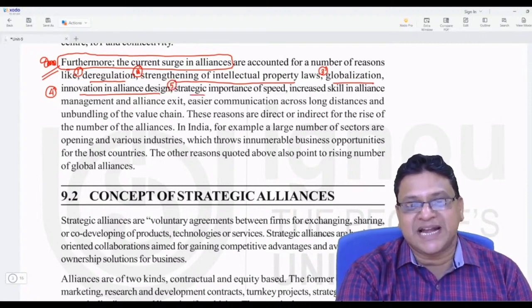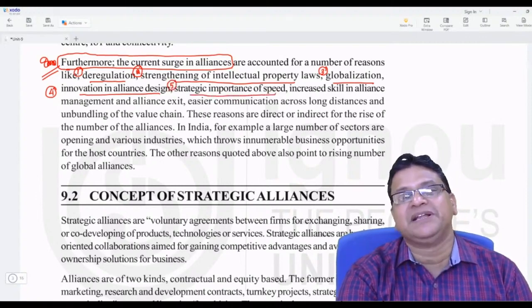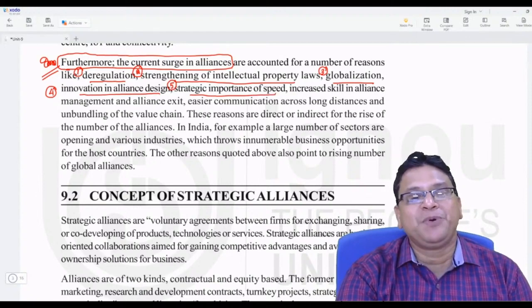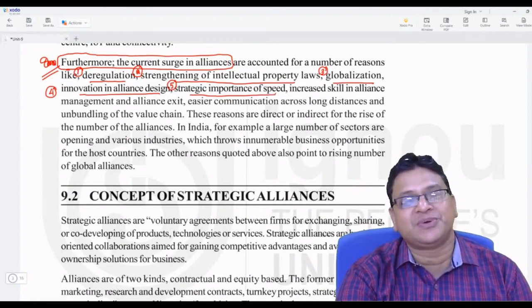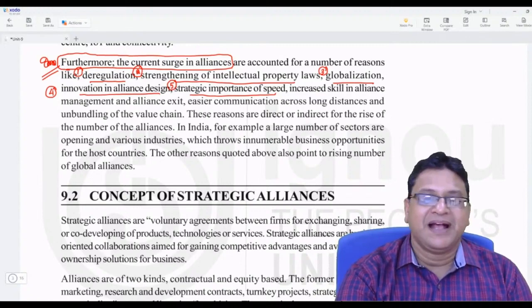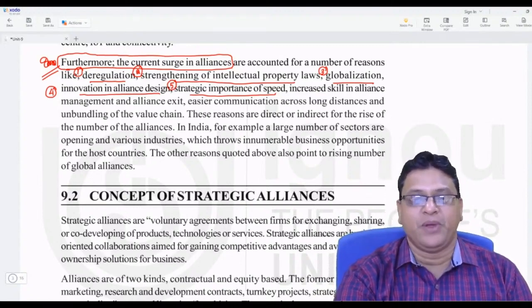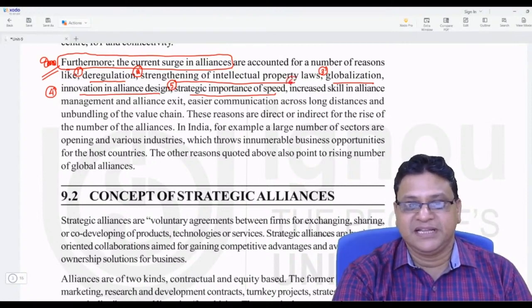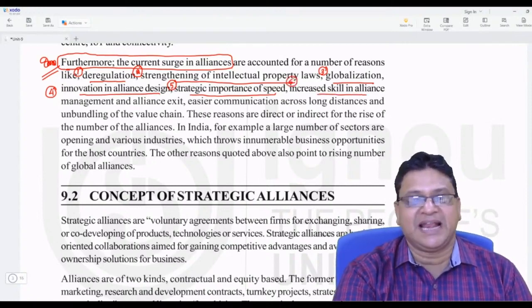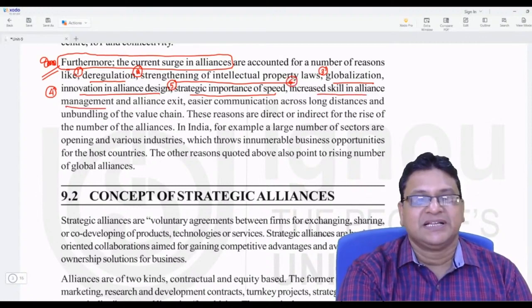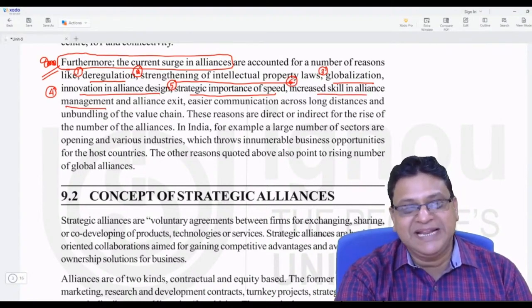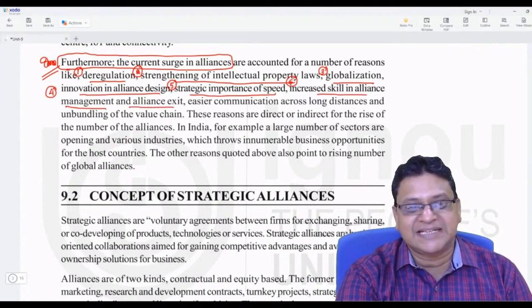Fifth one is the strategic importance of speed. Nowadays, companies want to get the advantages of being a speedy mover. They want to enter a market speedily, so they make an alliance with a local partner. Next, increased skill in alliance management. Nowadays, there is skill in alliance management and alliance exit.